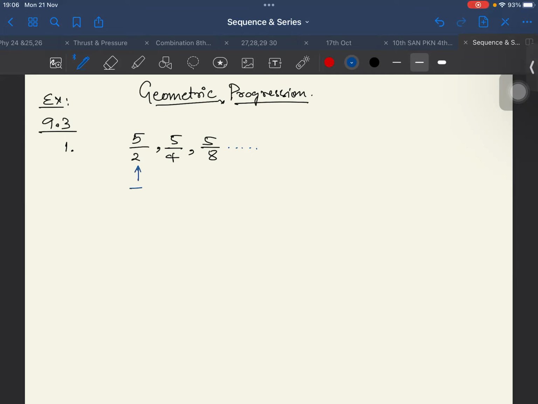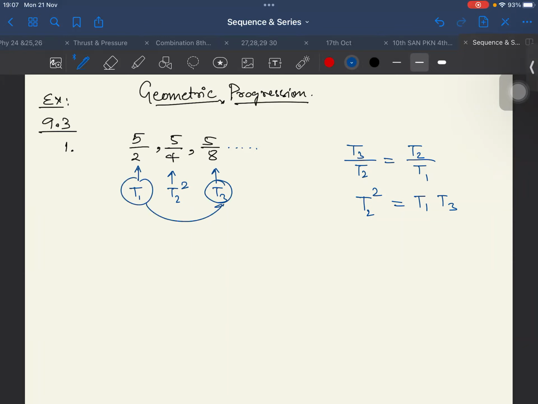That means if this is term 1, term 2, and term 3, then T3 by T2 should be equal to T2 by T1, right? Or you can also say T2 square is always equal to the product of T1 and T3, right? That means if you square this term, it will be equal to the product of these two.